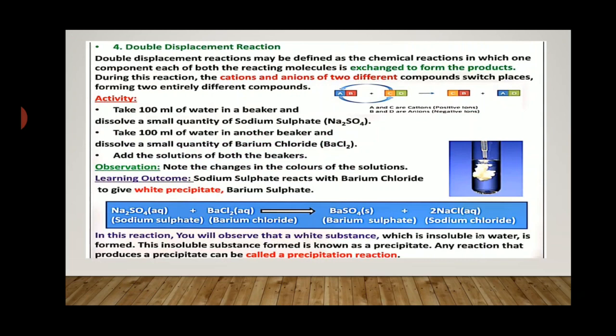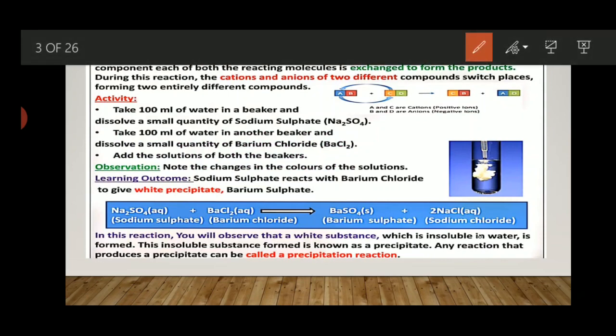Double displacement reaction may be defined as a type of chemical reaction in which one component of each of both the reacting molecules is exchanged to form products.